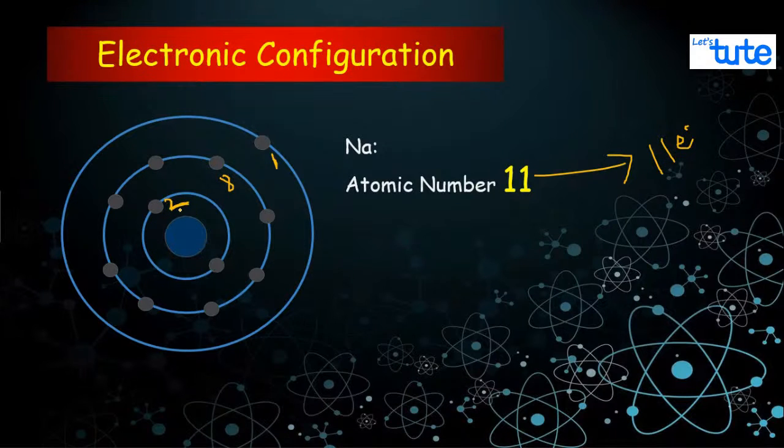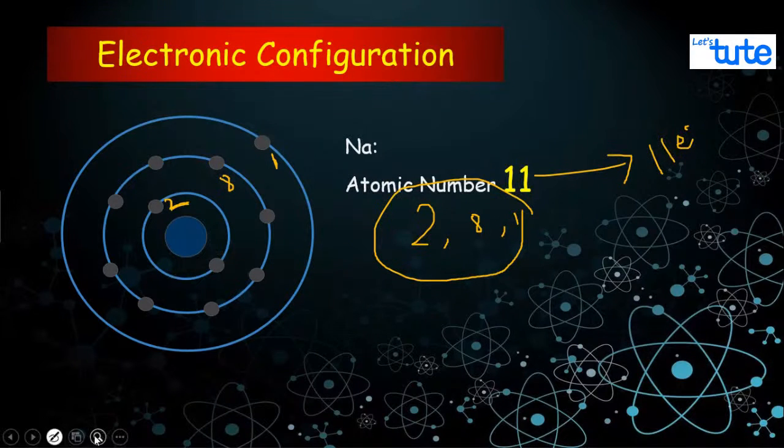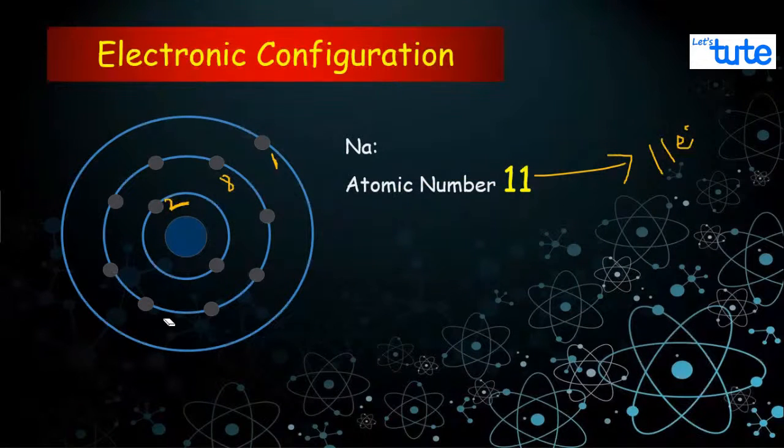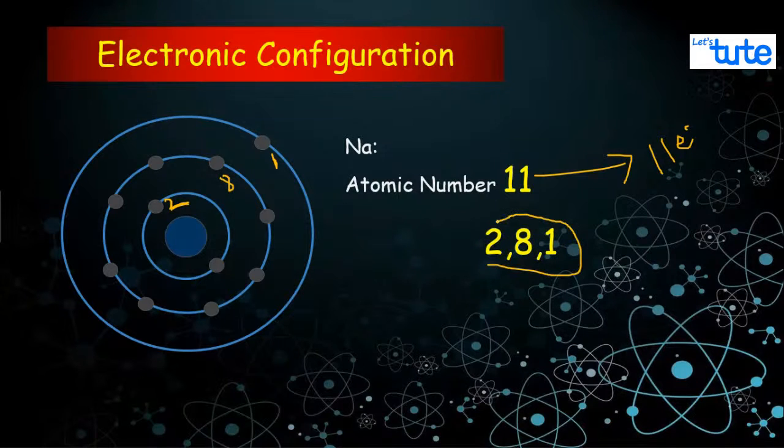So the first shell has 2 electrons, the second shell has 8 electrons, and the third shell has 1 electron. The electronic configuration which we are going to write is 2, 8, 1. I hope you got this. Let me just erase this. So this is the electronic configuration 2, 8, 1.